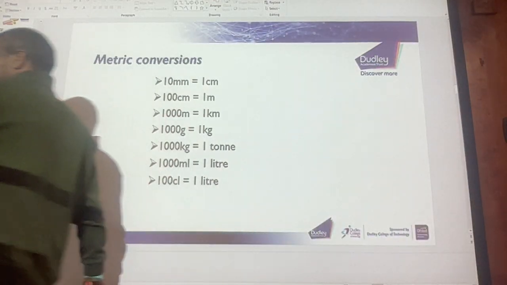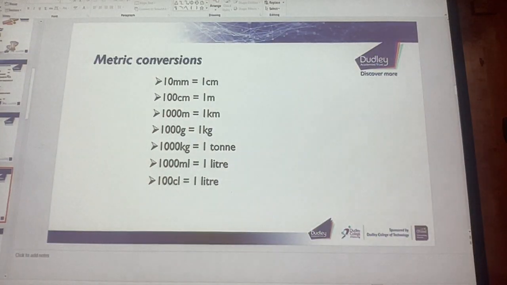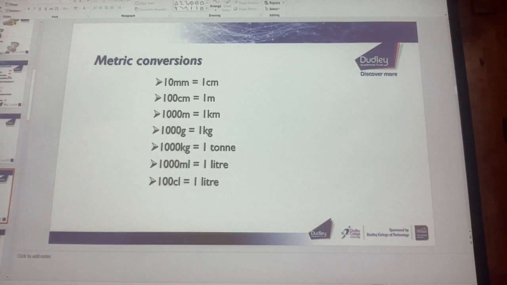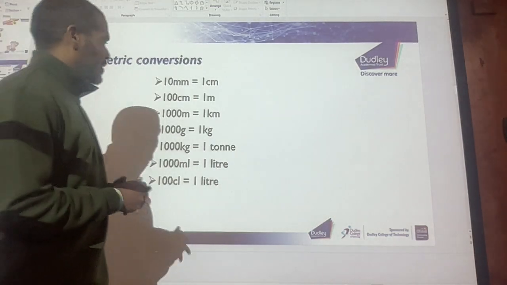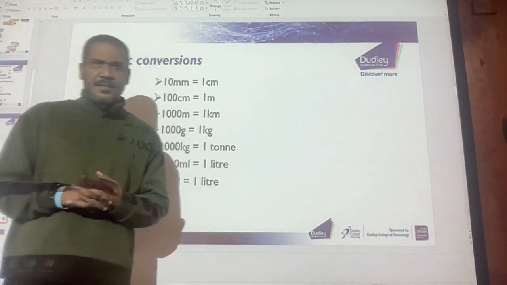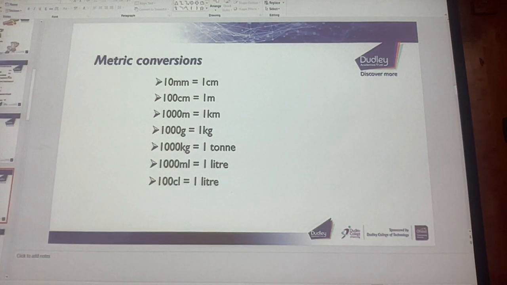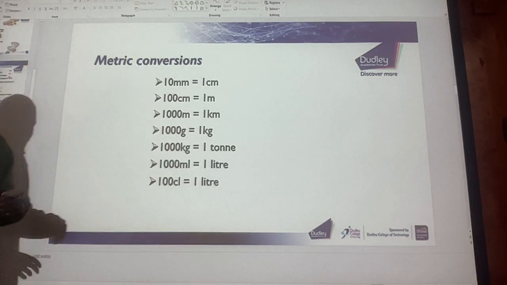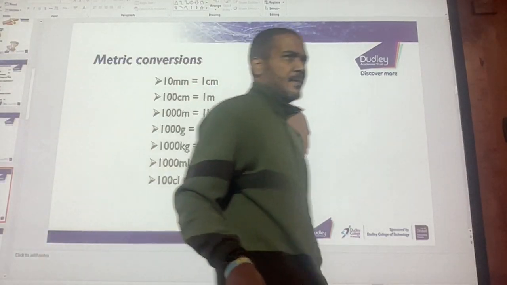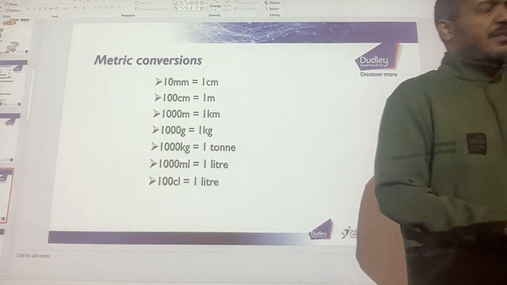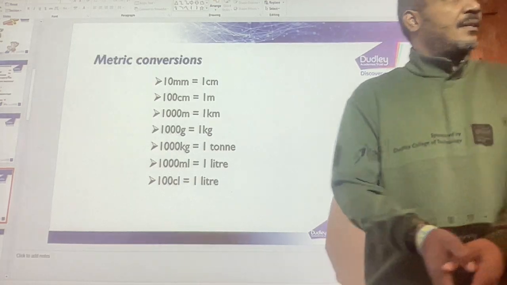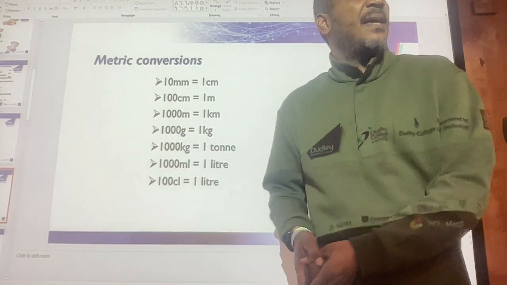So we have kilo, hecto, deka, then you have the actual unit. Then you have deci, centi, milli.